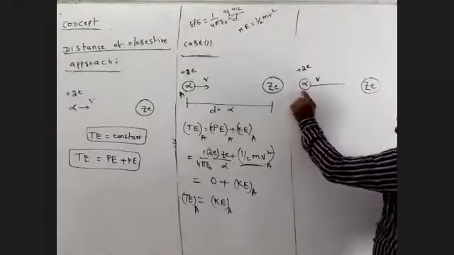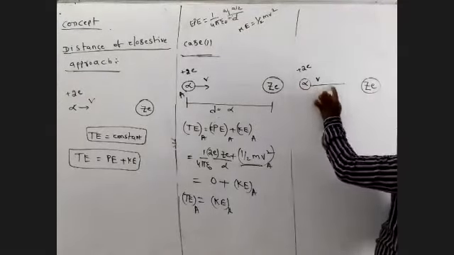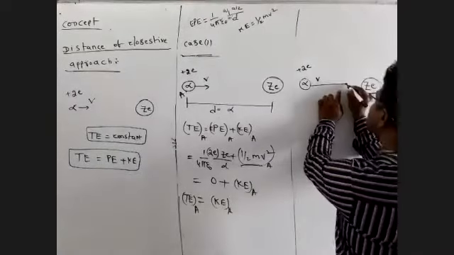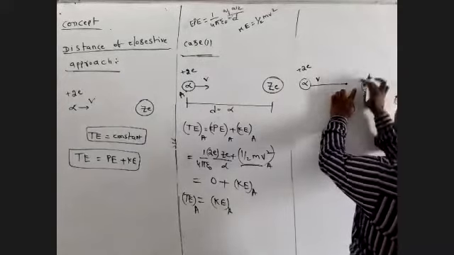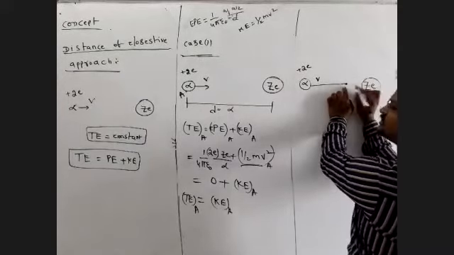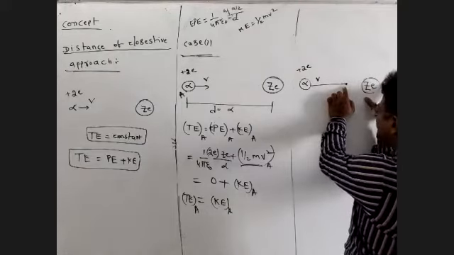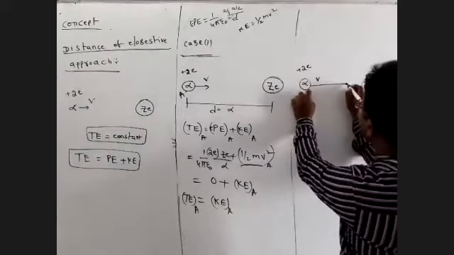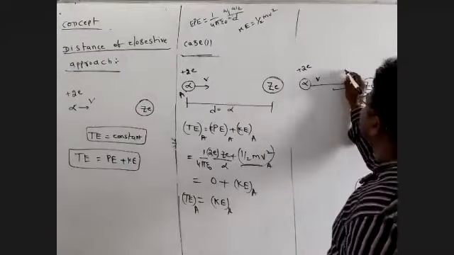The alpha particle moves towards the nucleus. The alpha particle has positive charge, and the nucleus also has positive charge, so both repel each other. The nucleus will repel the alpha particle, and it is pushed back. I'm taking this as point B.